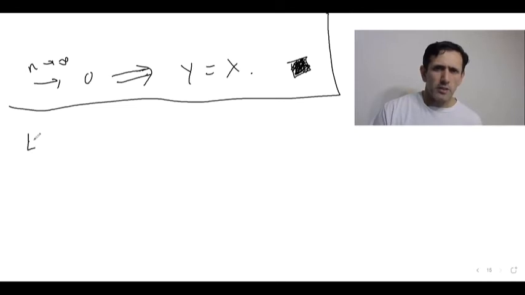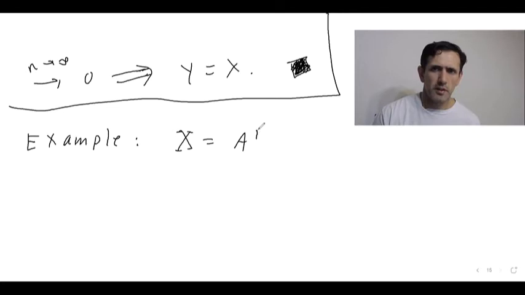Okay, so let's do an example. And let's say X is the Bergman space. So here we're assuming p is between 1 and infinity.